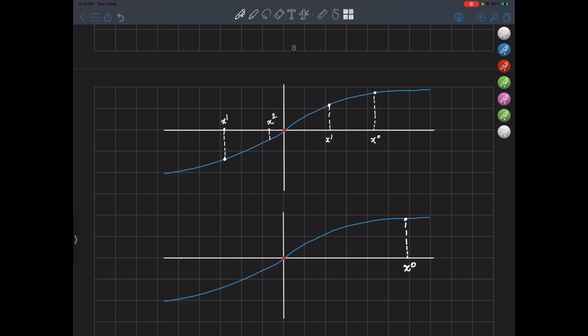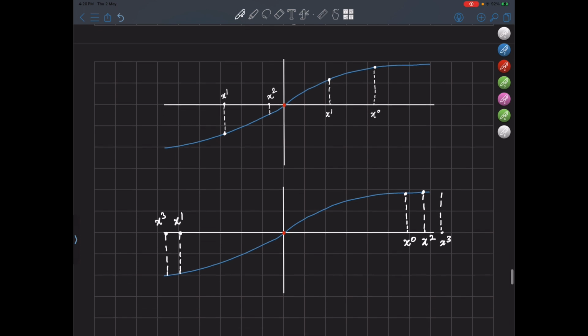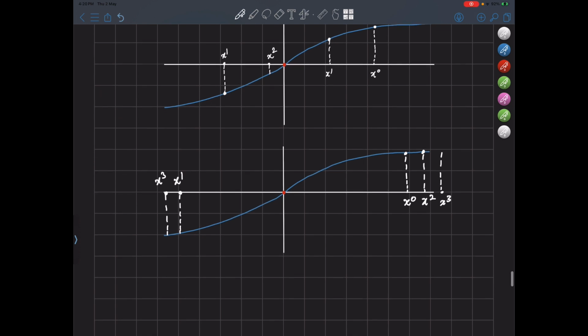So x2, x3, and so on. It will keep on diverging, and hence it will not converge. So actually this algorithm does not converge, rather it diverges.